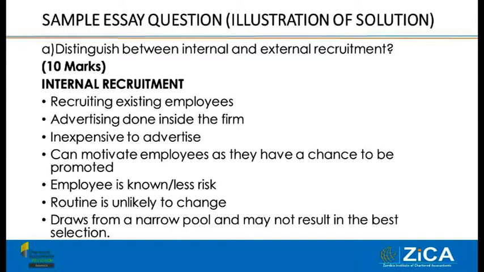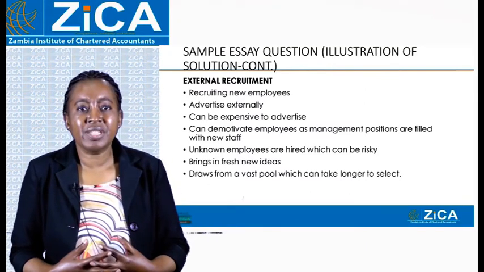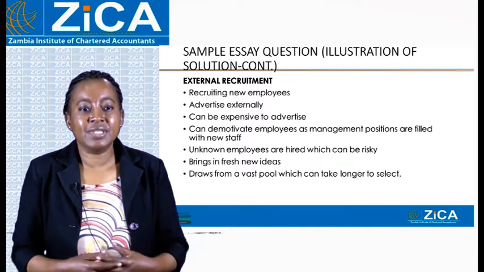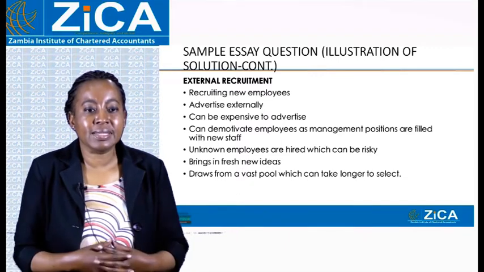So if you have these key points in mind and you've jotted them down, it will be easy for you to start writing that essay. When you look at external recruitment, you can jot down that it's recruiting of new, external employees.